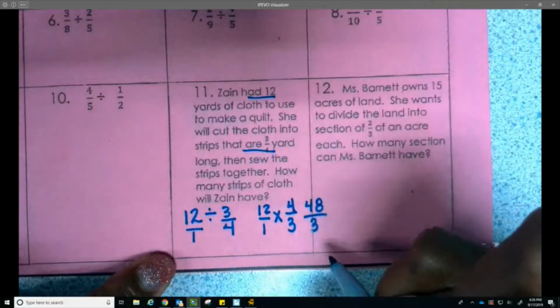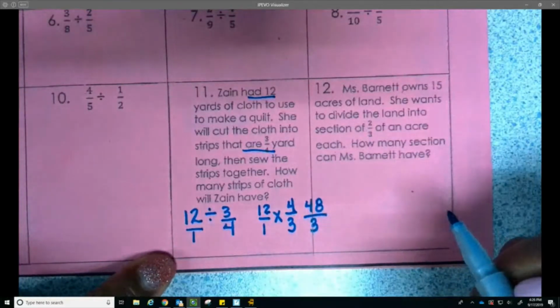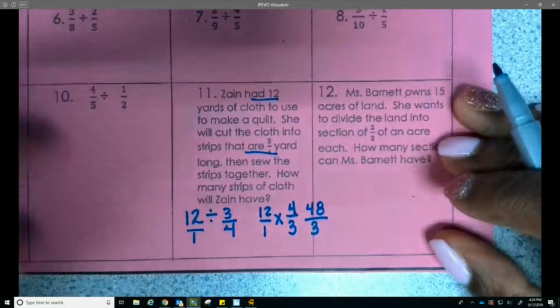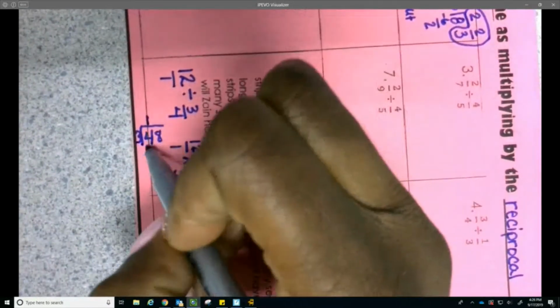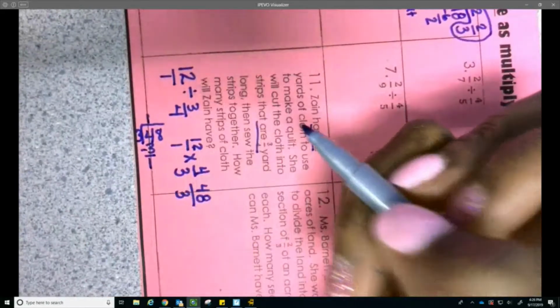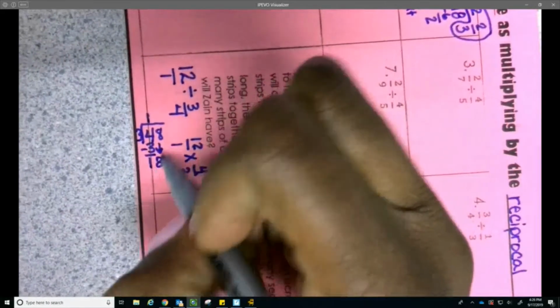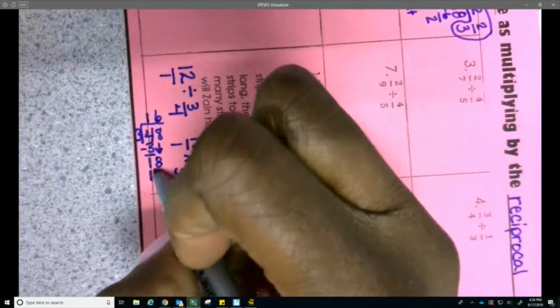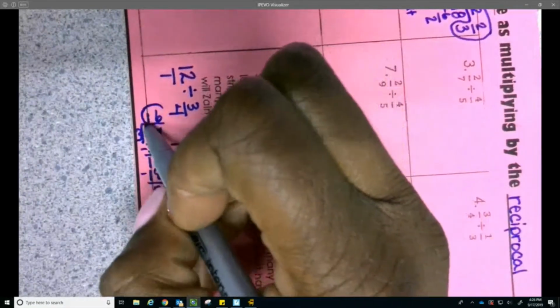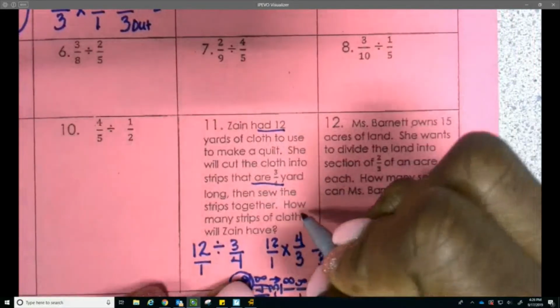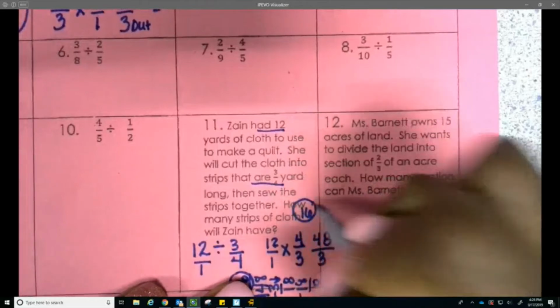So that's an improper fraction, so I'm needing to change that into a mixed number. I'm going to turn my paper to the side so I can do the work here. And I'm going to put 48 divided by 3. 3 goes into 4 one time. That's a 3. Bring down my 8. That will be a 6 times 3. So my answer is actually 16. So it's going to make 16 strips.